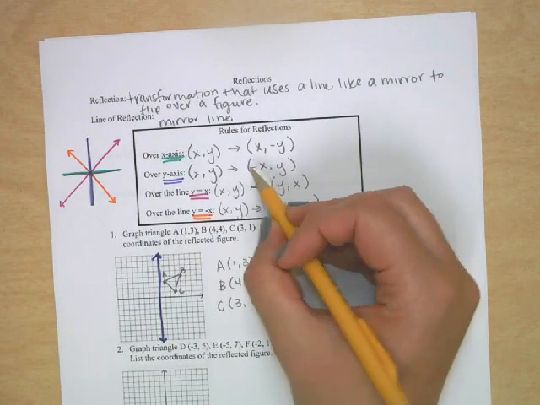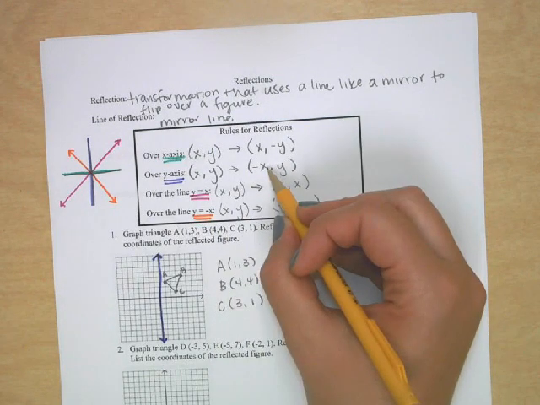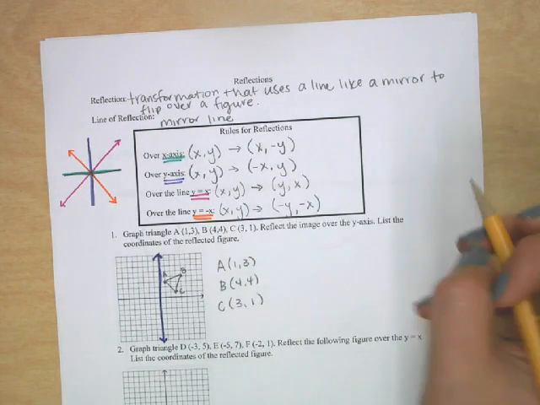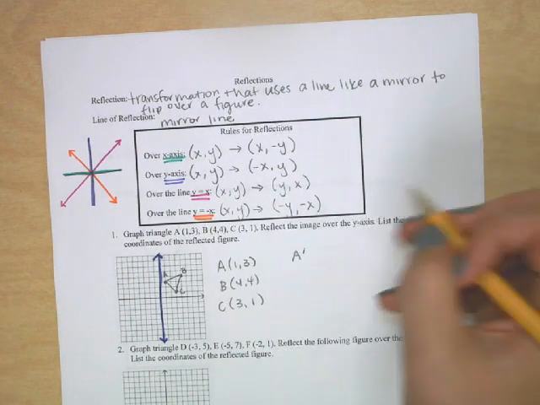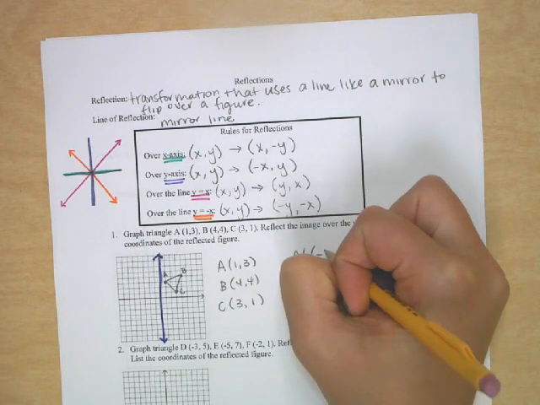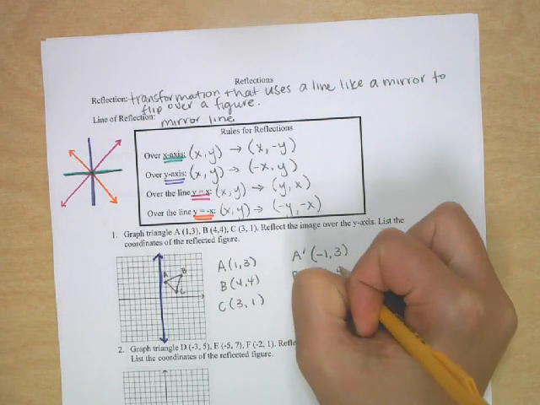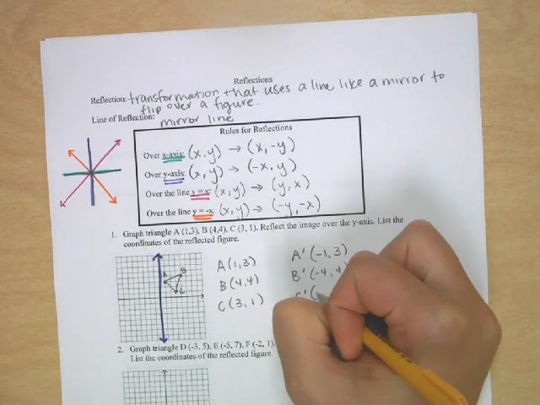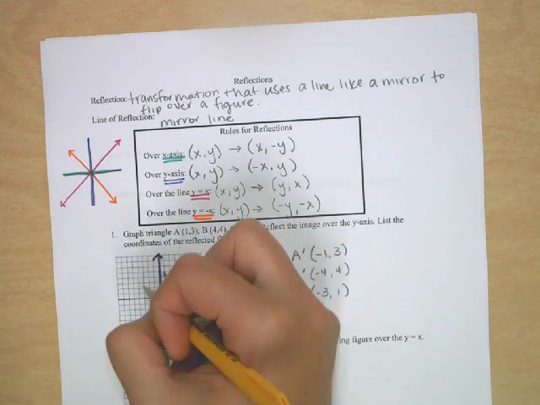So we're going to use the rule. So it says keep the X and change the X to opposite sign, and then keep the Y exactly the same. And remember, whenever we transform a figure, we call it prime. So A prime is going to be negative 1, 3. B prime is going to be negative 4, 4. And C prime is going to be negative 3, 1.